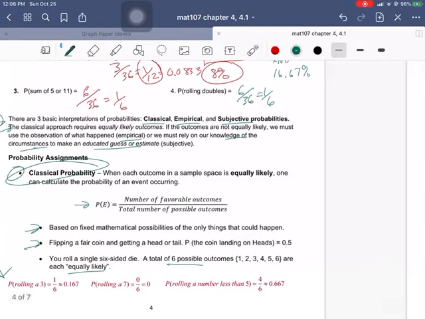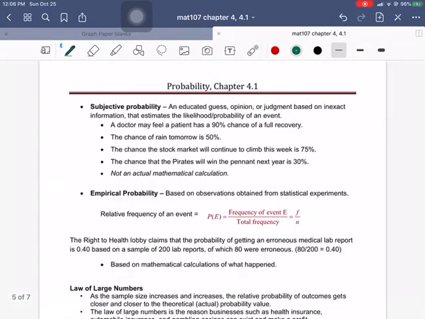Okay? There are other kinds of probabilities called subjective probabilities: an educated guess, an opinion, a judgment based on inexact information. It's an estimate of the likelihood of an event. So a doctor may feel a patient has a 90% chance of recovery, given things he knows. Chance of rain tomorrow is 50%.